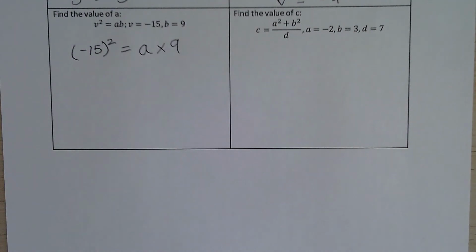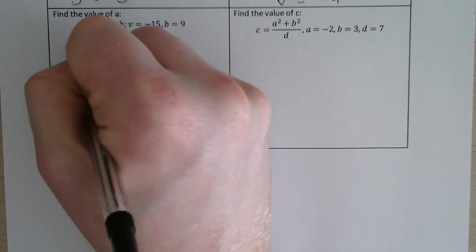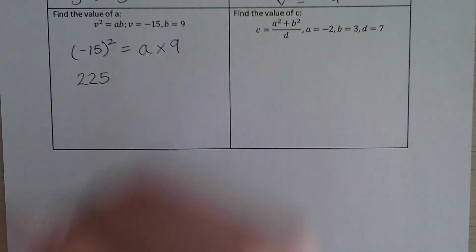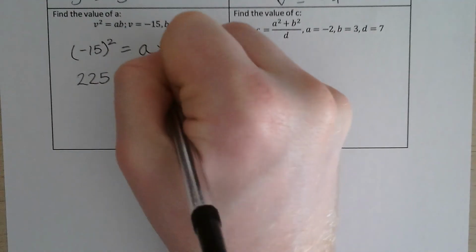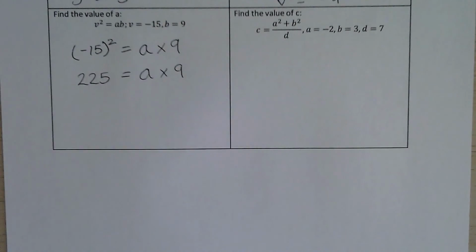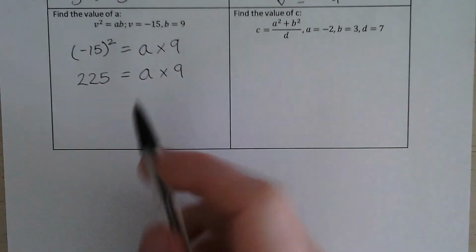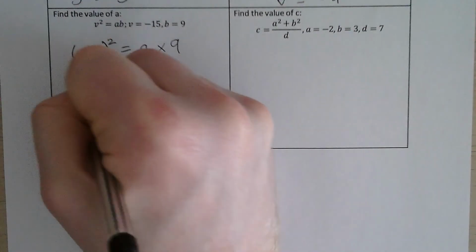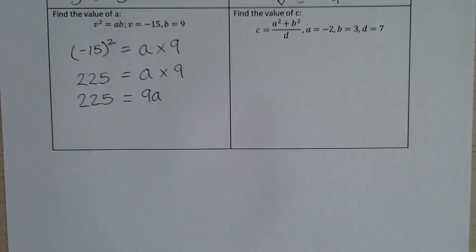And 15 times 15, if we use a Napier method, we get 225. The equal sign will drop down, as will the a times by 9. Now, a times 9 is 9a, so we can write 225 equals 9a.